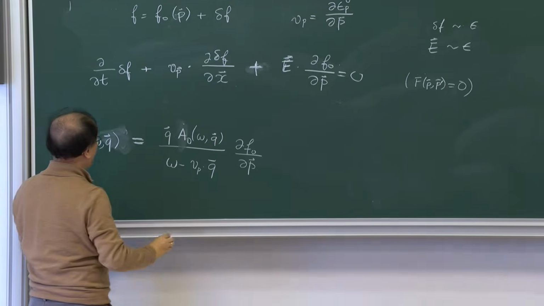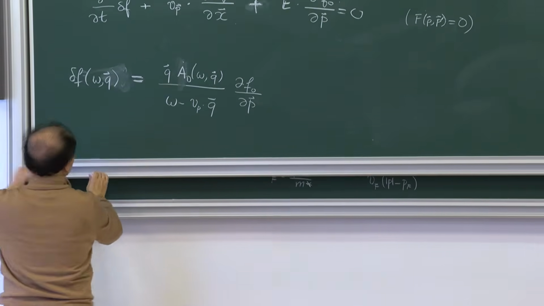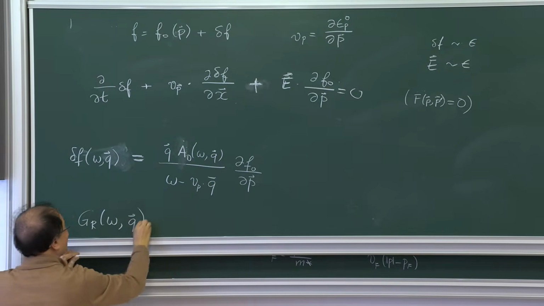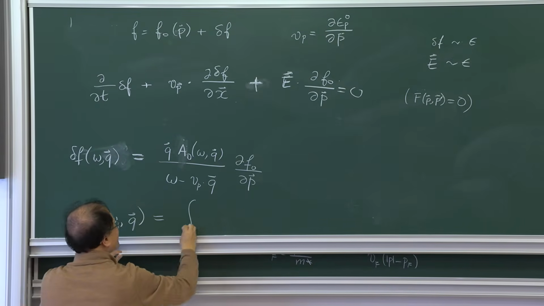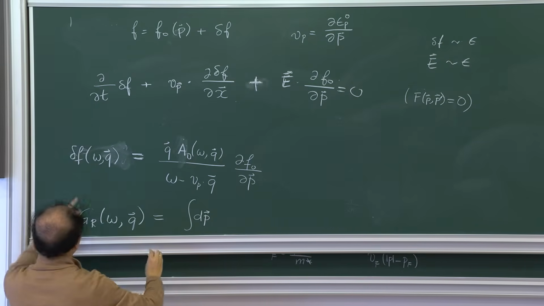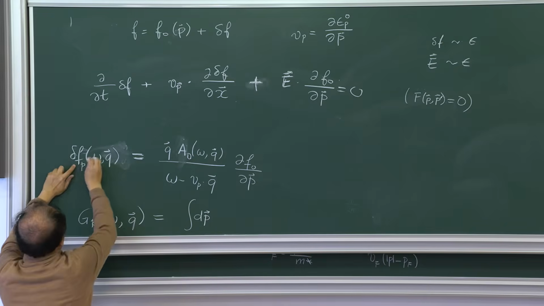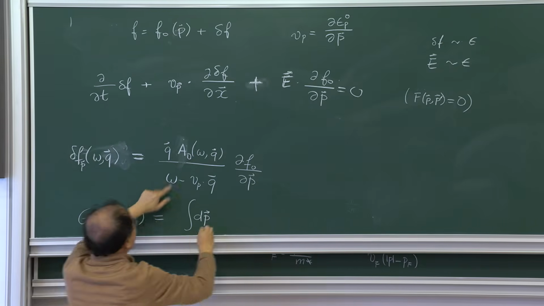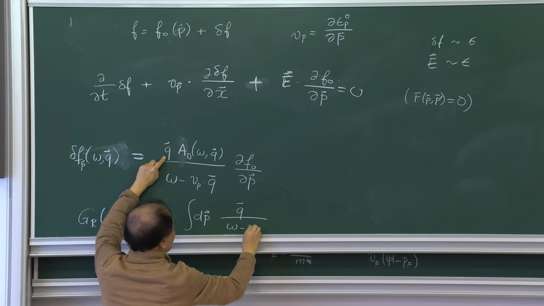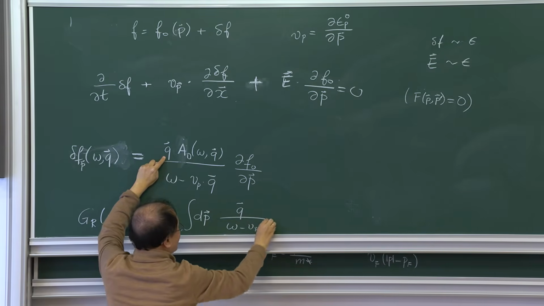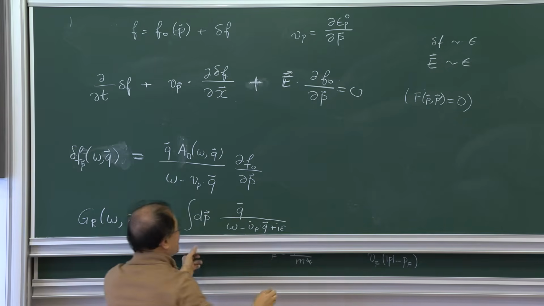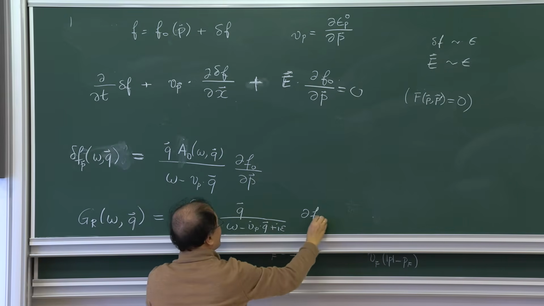From that, reading this formula, I find the retarded Green function up to some sign factor, equal to some constant factor times the integral over dp, because I have to integrate this over p to get my total density. So I get q divided by omega minus v of p times q, and then plus i epsilon to be pedantic, df0 over dp.